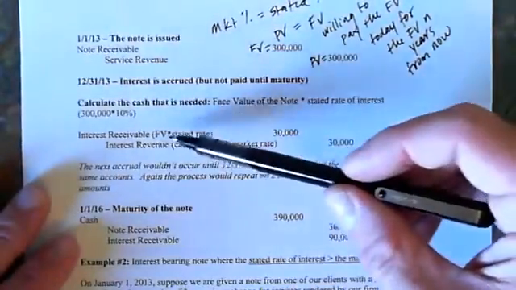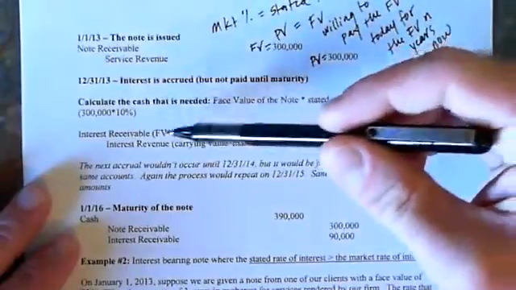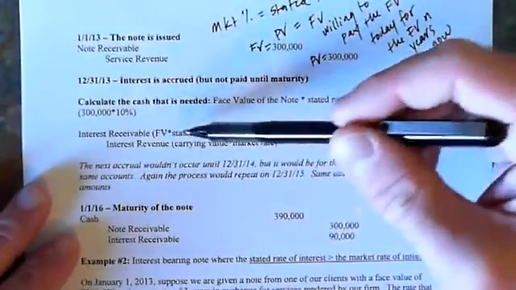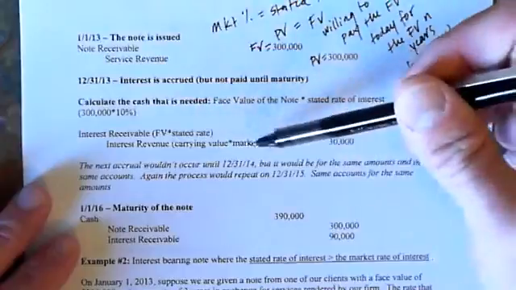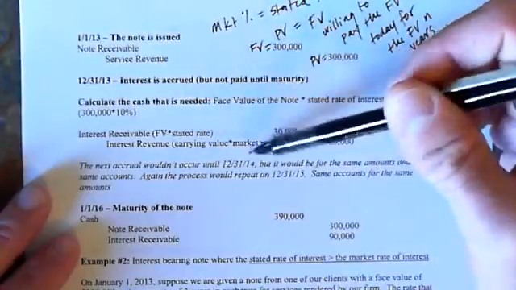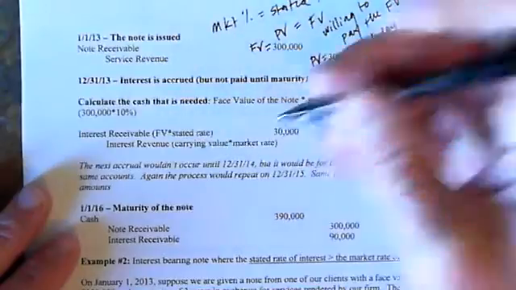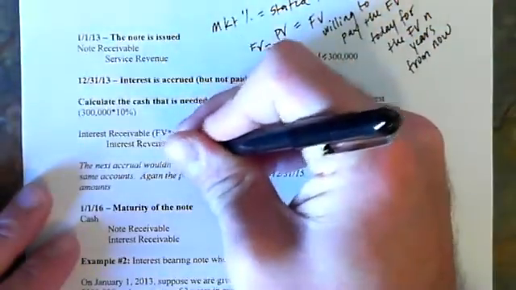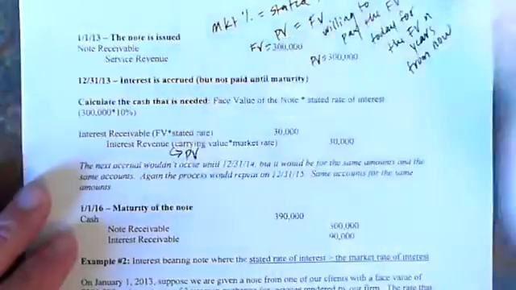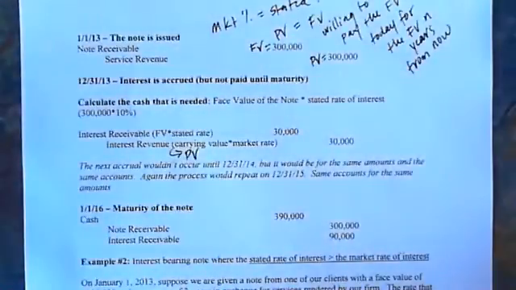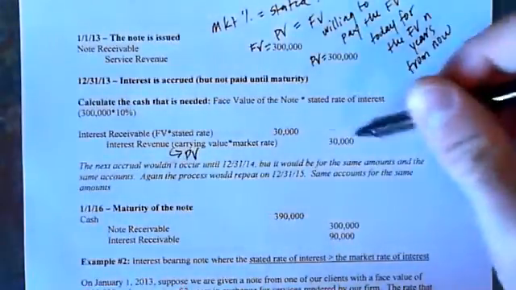And the interest receivable is going to be based on the future value and the stated rate. Those two never change. When the stated rate equals the market rate, obviously those two items are equal, and the future value will equal the carrying value, because the carrying value is equal to the present value at any point in time. So those are the same.